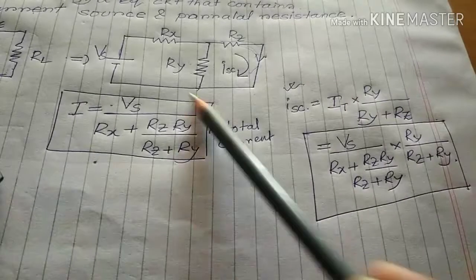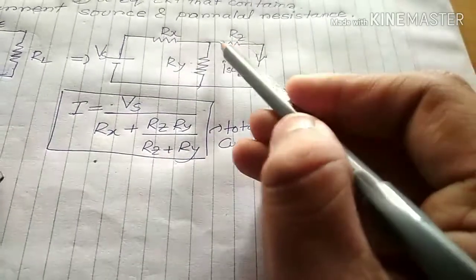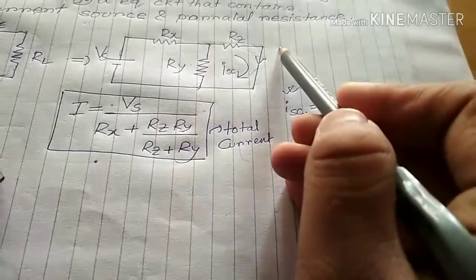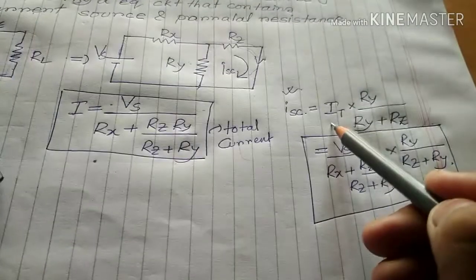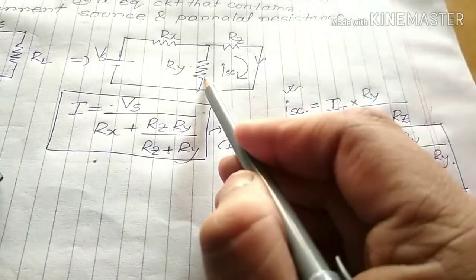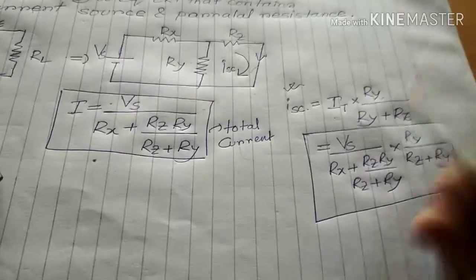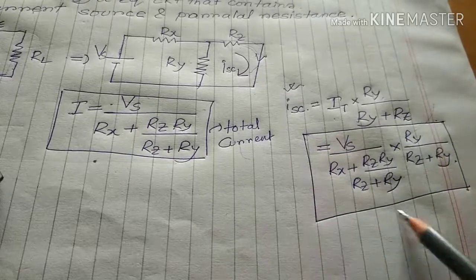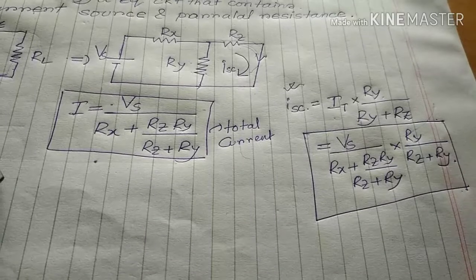This is the total current, and the short circuit current is divided from this branch. From the current divider rule, we know that the short circuit current is the total current into the opposite resistance, Ry, divided by the total resistance. So this is the short circuit current. This is the first step.